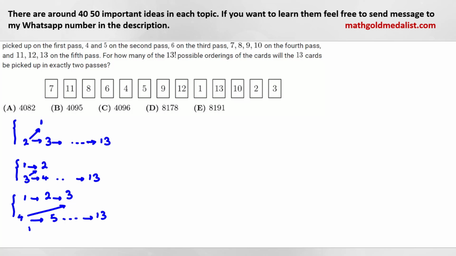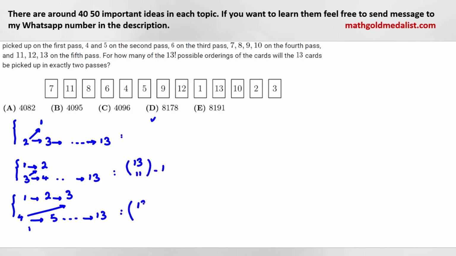Would it be D, 8178? I think so. Let's check it together. Let's calculate this one. Again, if we calculate, we can say this one is what, choose what, minus what? It would be 13 choose 11 minus 1. 13 minus 2, yes.